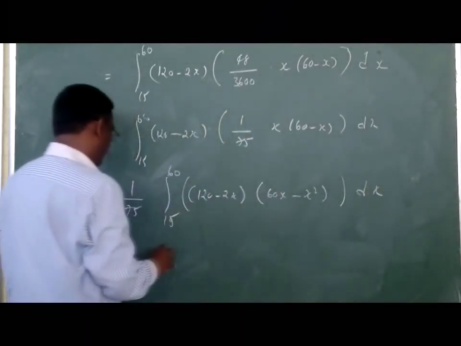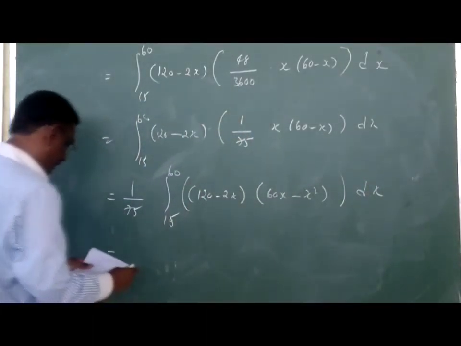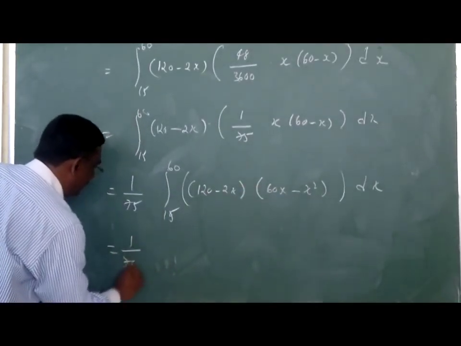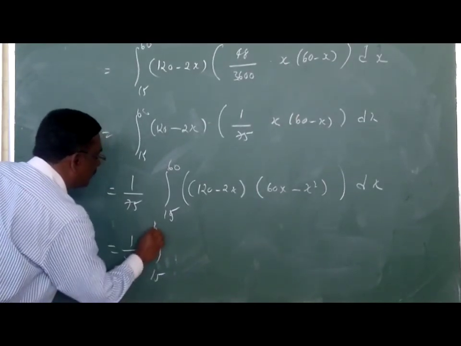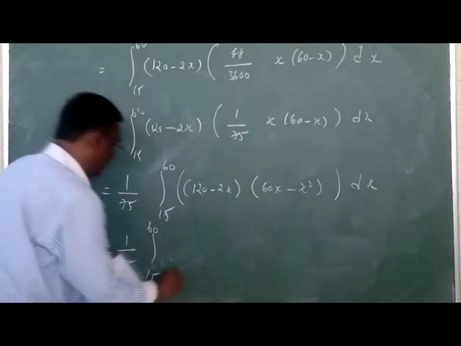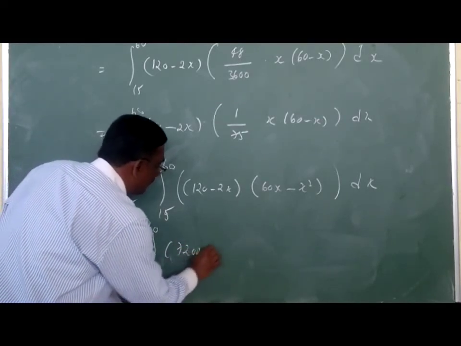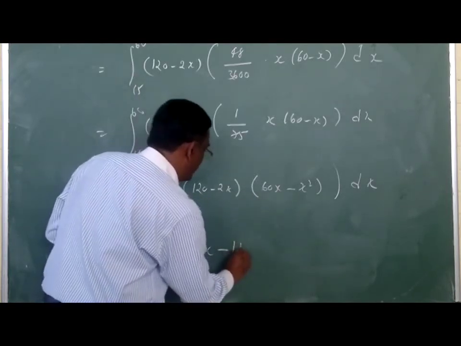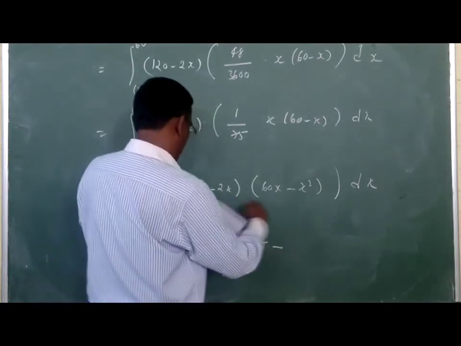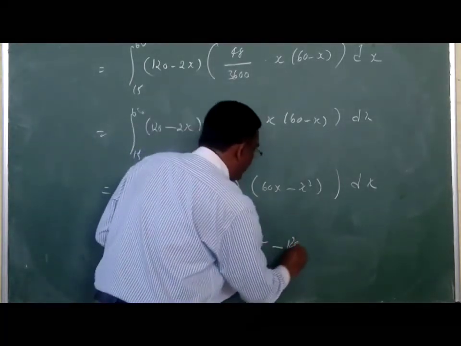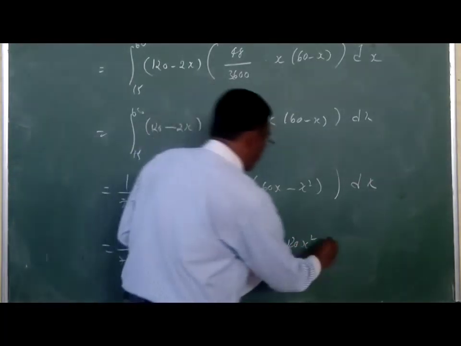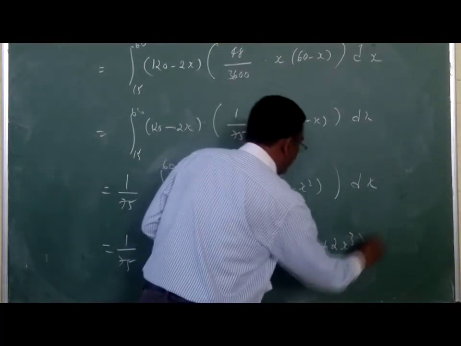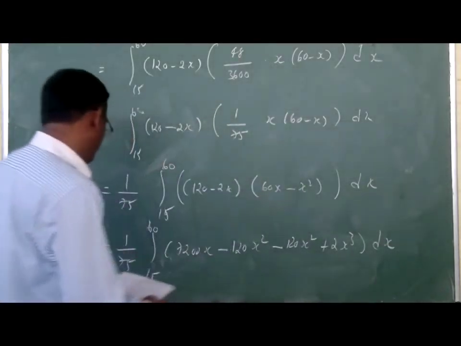We'll be getting the equation, and multiplying these two components again, we will be getting integral 15 to 60 of 7200x minus 120x square minus 120x square plus 2x cube dx.